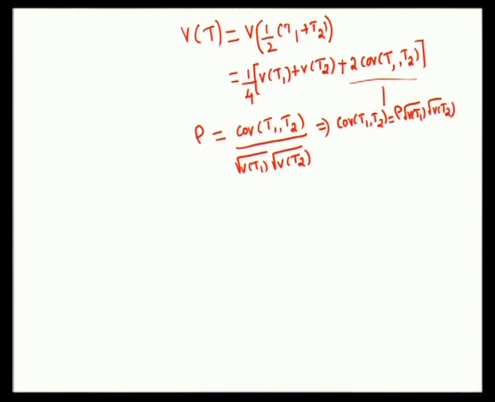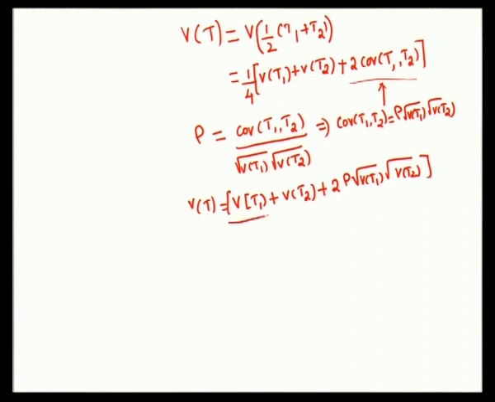So, using this over here, you have variance of T is equal to variance of T1 plus variance of T2 plus 2 into rho of square root of variance of T1 into square root of variance of T2.